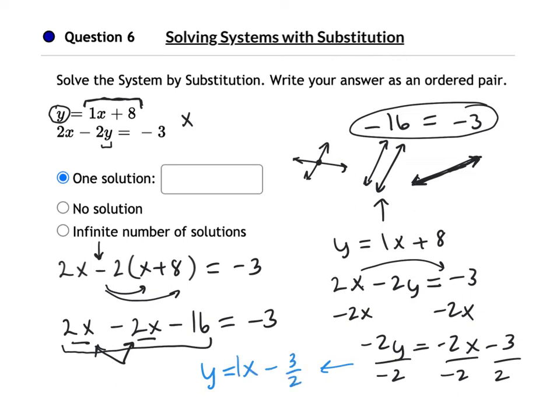Notice the slope is 1. Notice the slope of the other equation is 1. These 2 equations have the same slope, meaning they're parallel. And the intercepts are different, 8 and negative 3 halves, so they don't intersect anywhere. They're parallel. There is no solution to this system. If you solve, the variables drop out, and you get a false statement, that's your clue that this is a no solution. This is the correct answer, not that one.